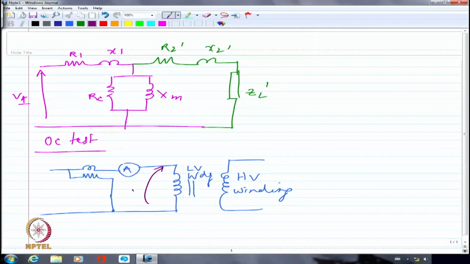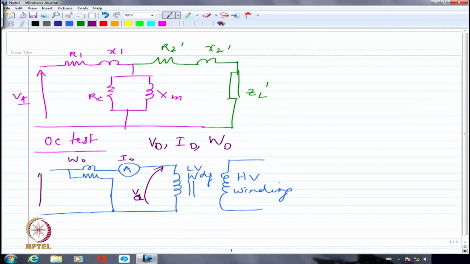Okay. So what I get as the reading will be V1, I1 and maybe W1. Rather, I named these as V0, I0 and W0 to specify that this is no load condition. So I am going to show this as I0 and this as W0, and of course the voltage applied here is rated voltage.